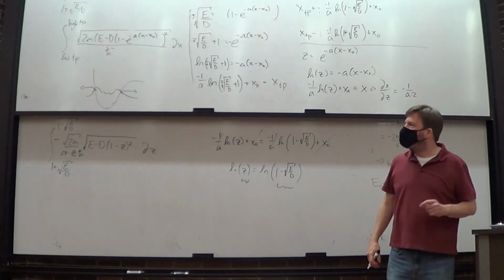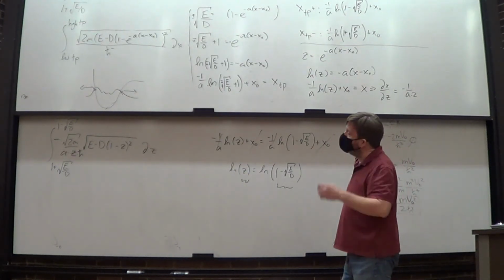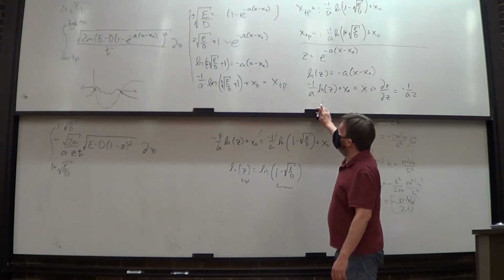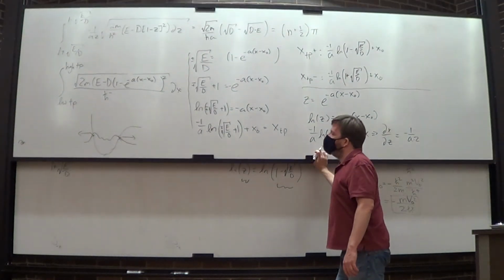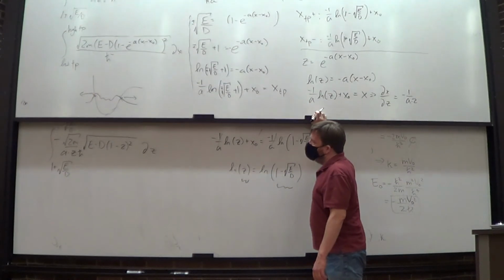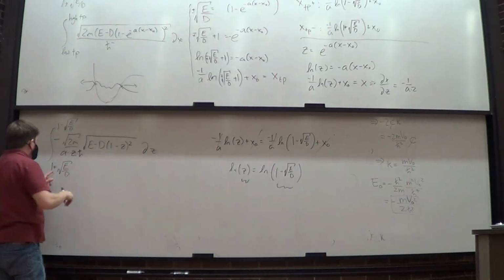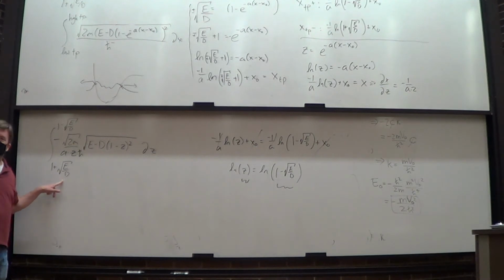All right, the last bit I want to point out is the way to not screw this up. When I was doing this, I chose one plus square root of E over D on top and one minus square root of E over D on bottom because that one was bigger than that one. But again, z and x are anti-correlated. X is big, z is low.